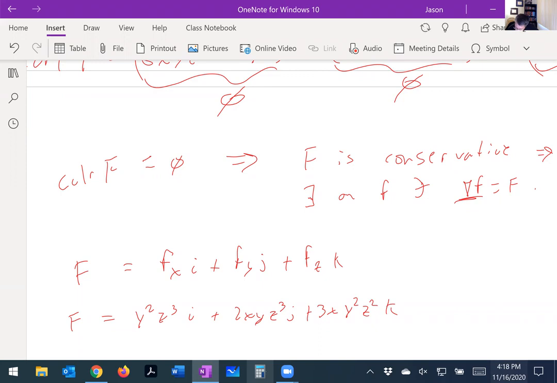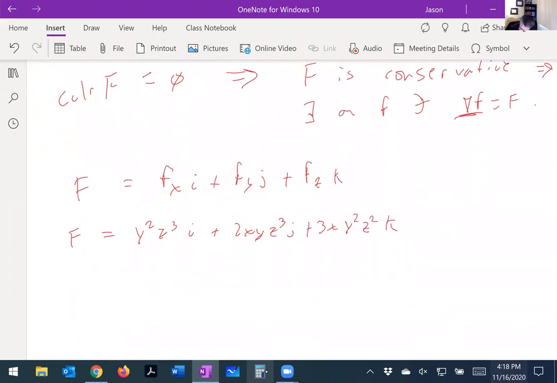So now I'm going to ask myself, if the partial of f with respect to x is equal to y squared z cubed, then what would the original term have to be here? Well, that doesn't involve an x, right? So that would have to be xy squared z cubed plus, you know, some other terms, right? That's the only term that I can come up with.